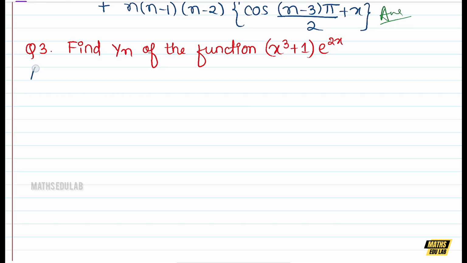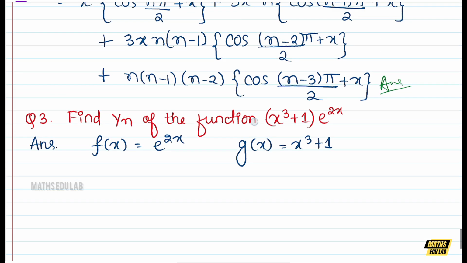For this we write f of x and g of x. Here f of x will be the recurring function, e to the power of 2x, and the non-recurring function is x cube plus 1.